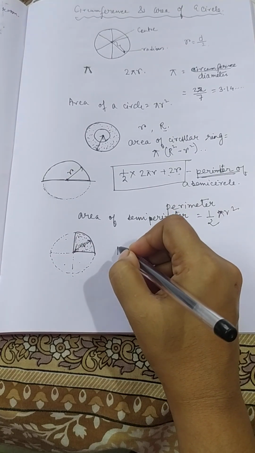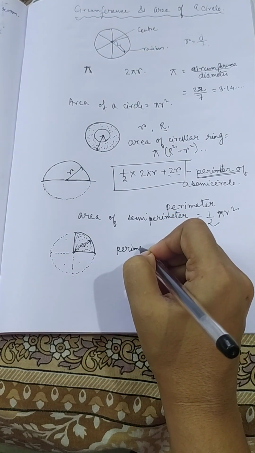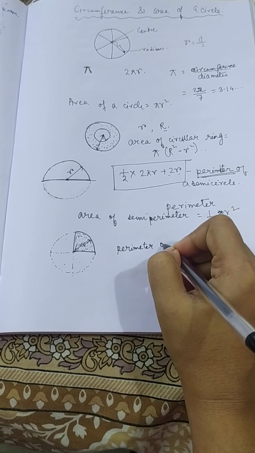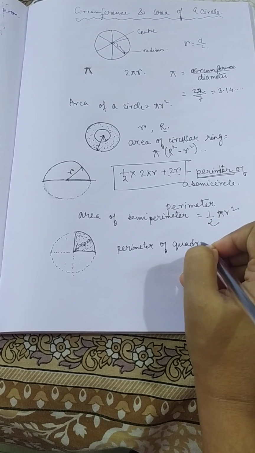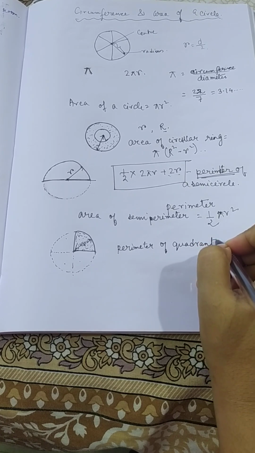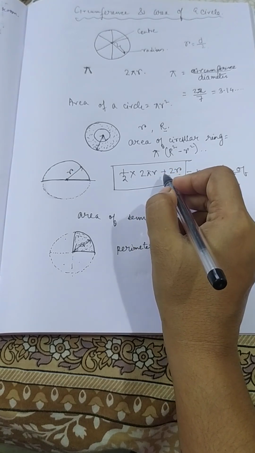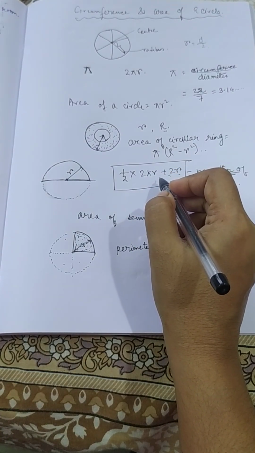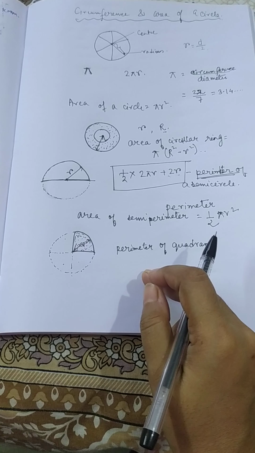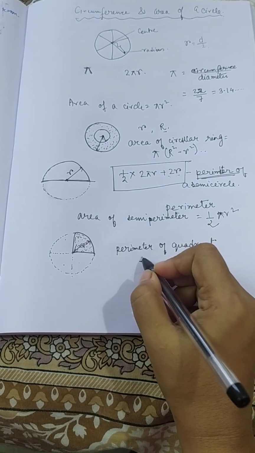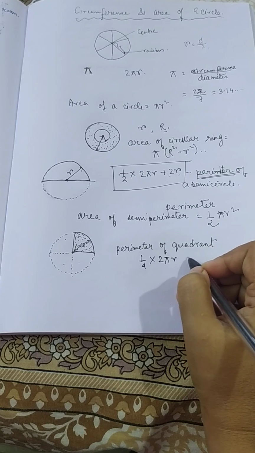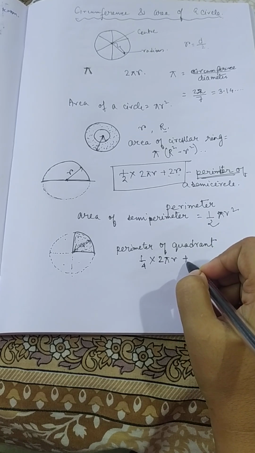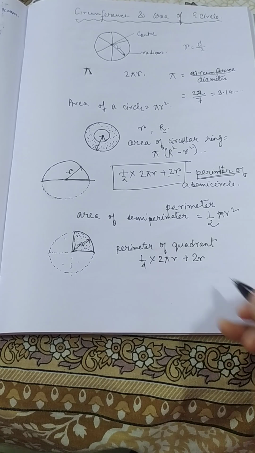Now the perimeter of a quadrant. That is 1/4 of this. Similarly, here half of this, here 1/4 of this. So 1/4 into 2 pi r plus, here is 2r.